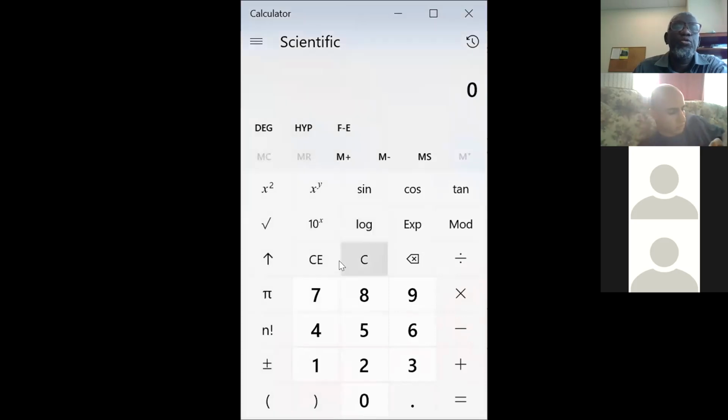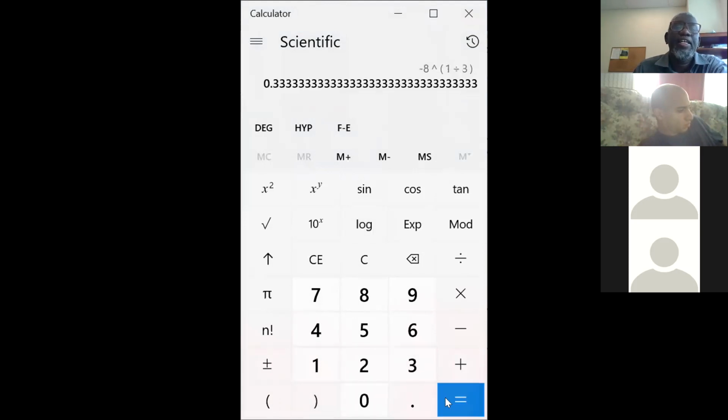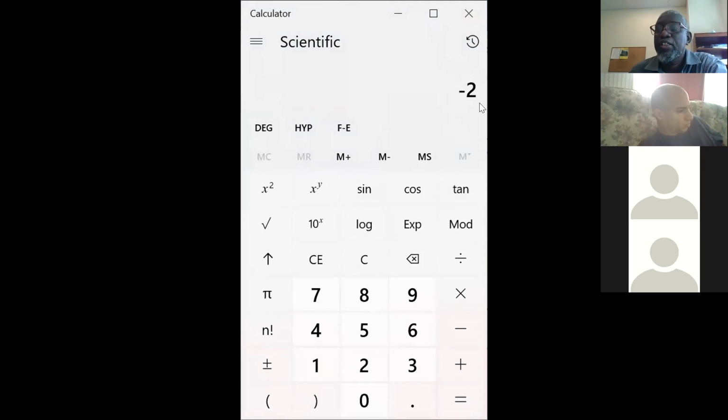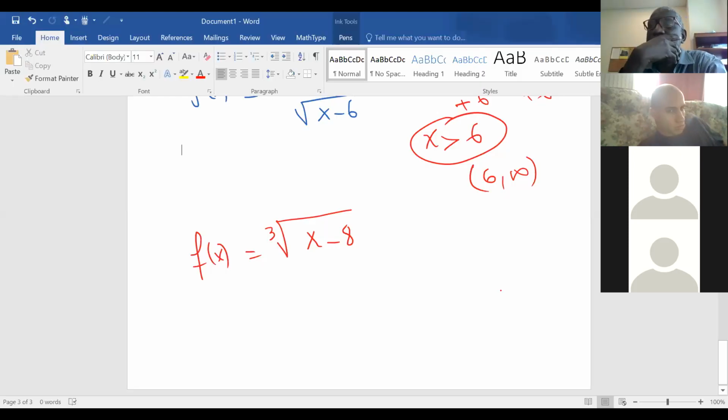If I try the cube root of, for instance, let's say -8, you see, -8 cube root. The cube root is the 1/3 power. That is a cube root. You see, I get -2, okay? Which means cube root does not care about something being positive or something being negative, right?